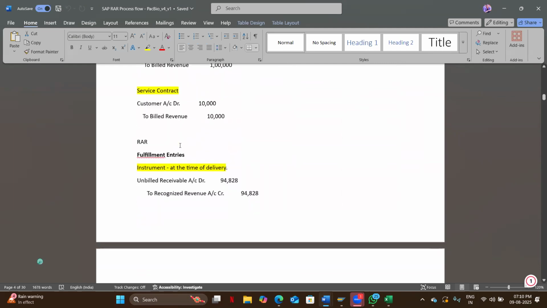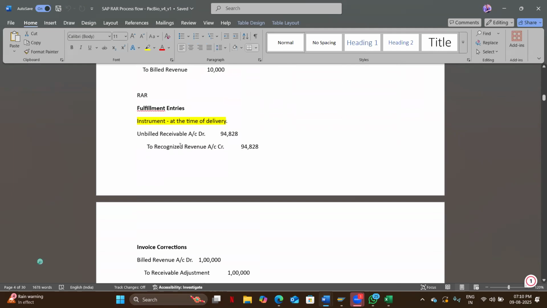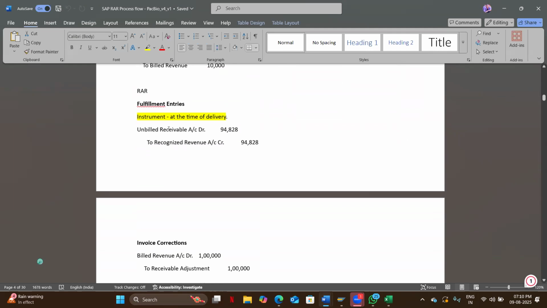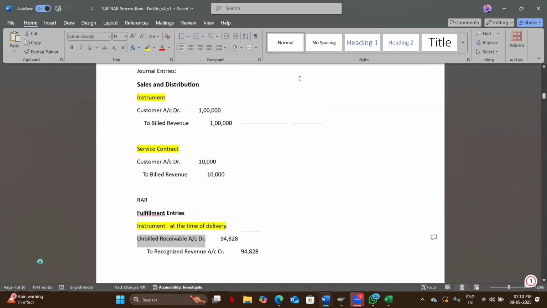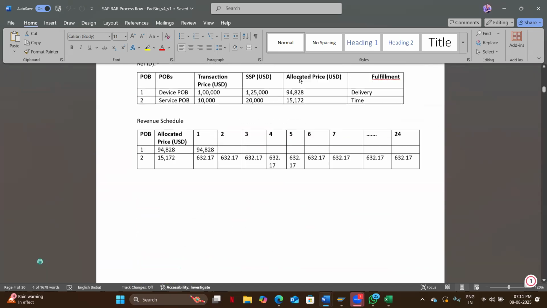On the RAR side, they recognize revenue based on the allocation amount. On the RAR side, firstly it is unbilled; the customer has not yet paid, and will pay after the contract ends, or in the last month. So first is unbilled revenue debit, for whatever our allocation price is.